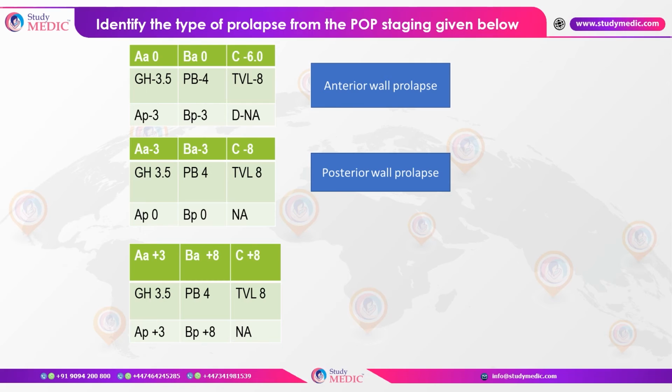So this is total walled prolapse because point A sub A and point AP are at their maximum. That means it is +3. Point BA is +8, so it is equal to the total vaginal length. That means the whole of the vaginal wall has prolapsed. Okay.